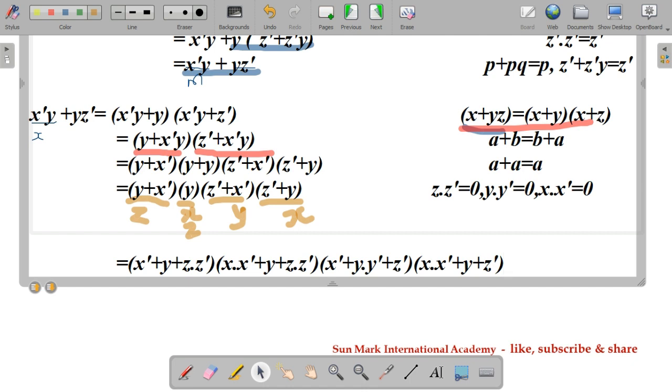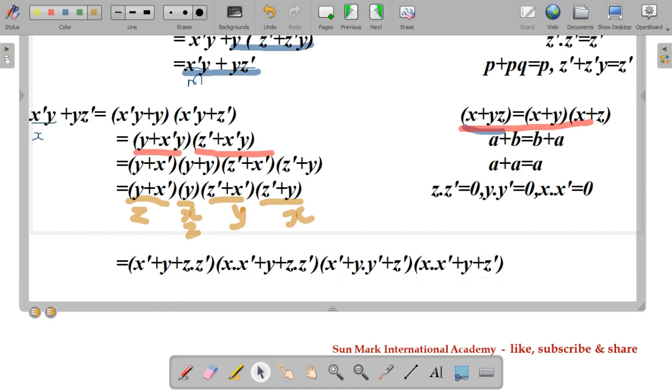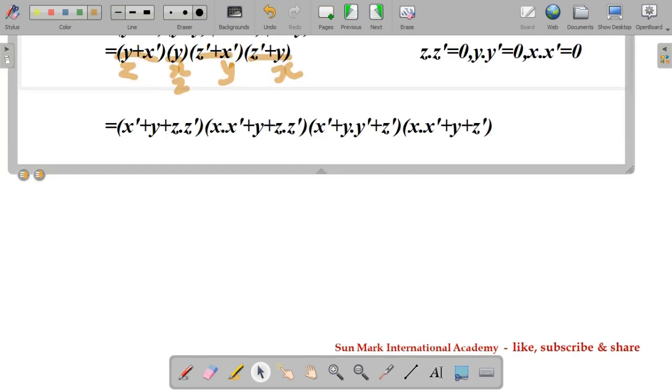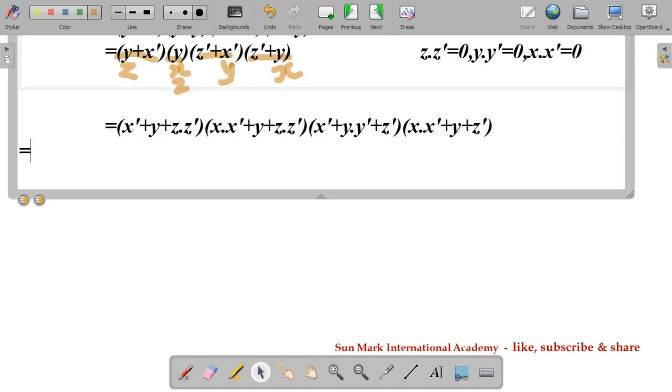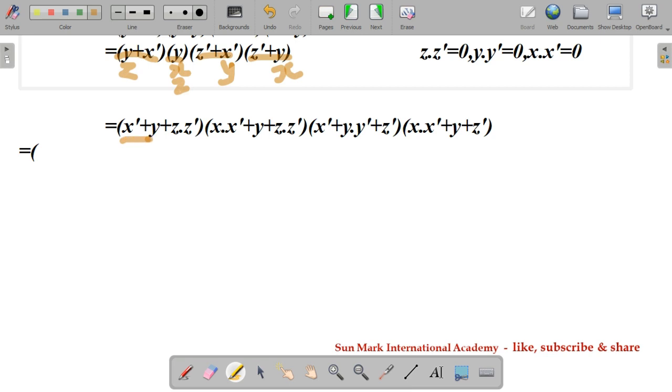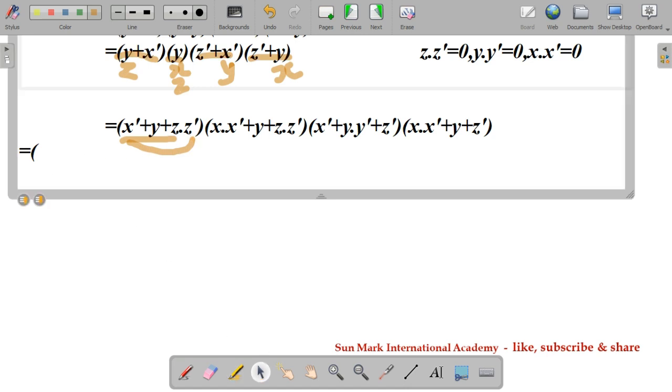Here we can apply the distributive law. This has one term and this is another term. So we write the first term as (x' + y + z)·(x' + y + z').